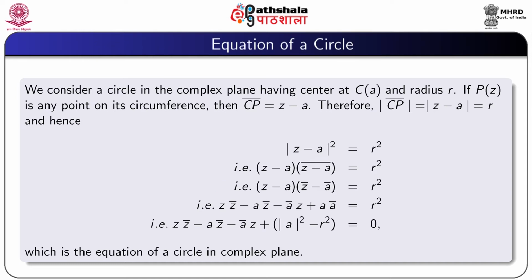That is z z conjugate minus a z conjugate minus a conjugate z plus a into a conjugate minus r square equal to 0. That is z into z conjugate minus a into z conjugate minus a conjugate into z plus mod a whole square minus r square is equal to 0, which is the equation of a circle in the complex plane.